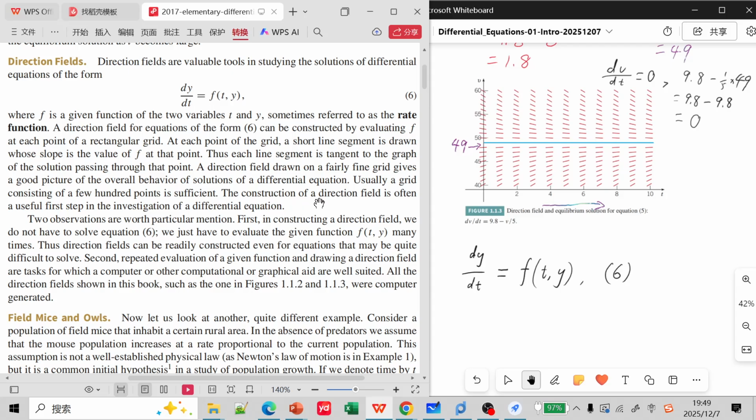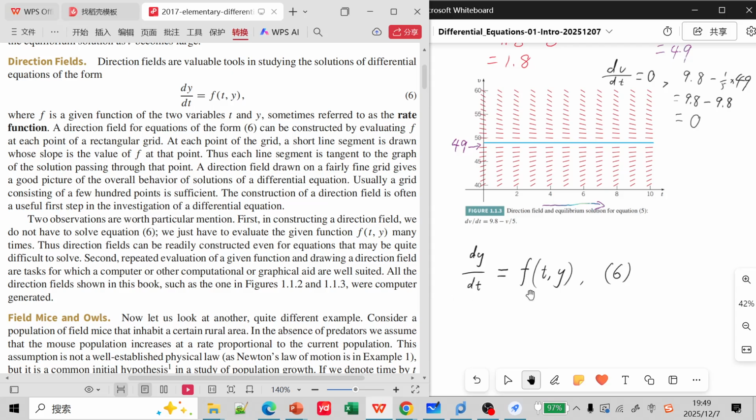The construction of a direction field is often a useful first step in the investigation of a differential equation. Two observations are worth particular mention. First, in constructing a direction field, we do not have to solve equation 6.